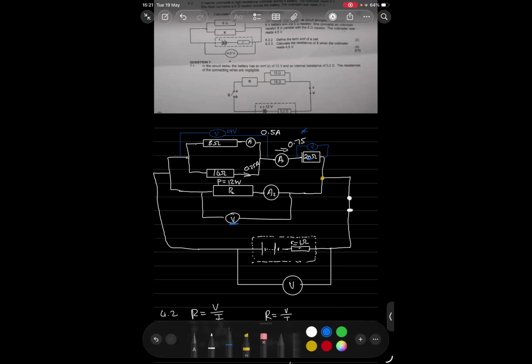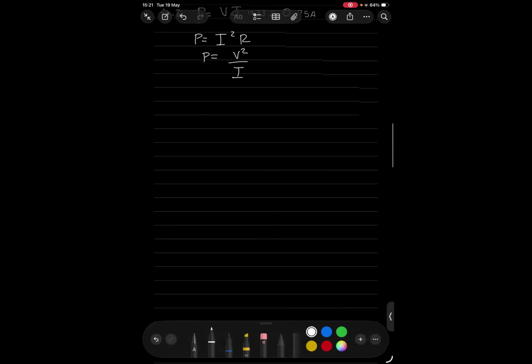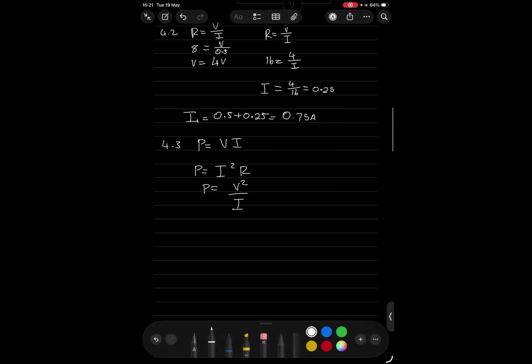You can calculate the voltage. It's 15. Voltage is 15. So 0.75 times 20 is 15.